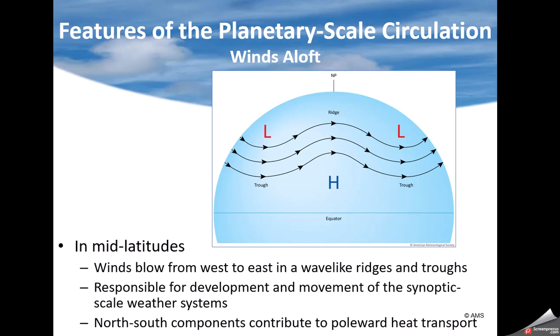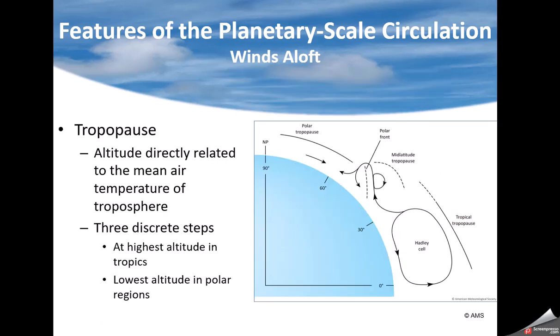We talked about different pressure gradients and influences on moving the wind. Here's a classic geostrophic wind flow where they're flowing right along, caused by the pressure gradient, and with the tropopause, cold air compresses.